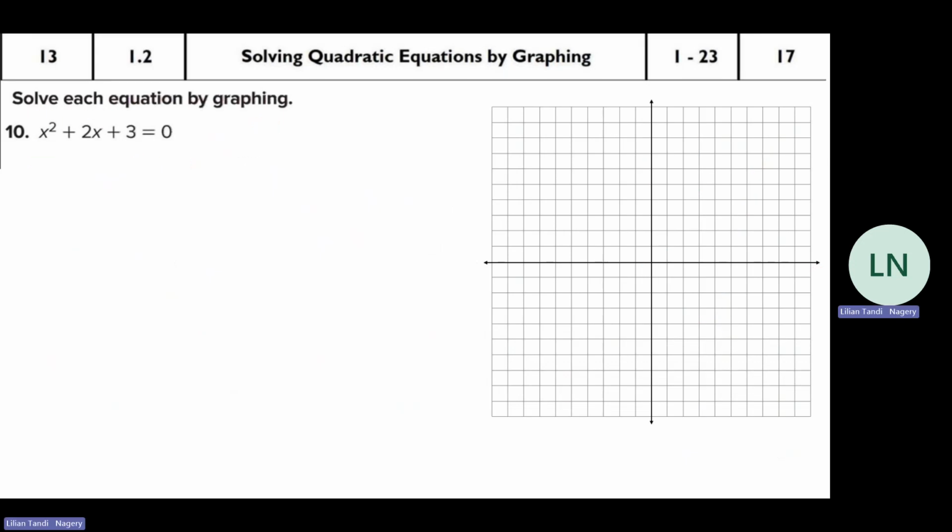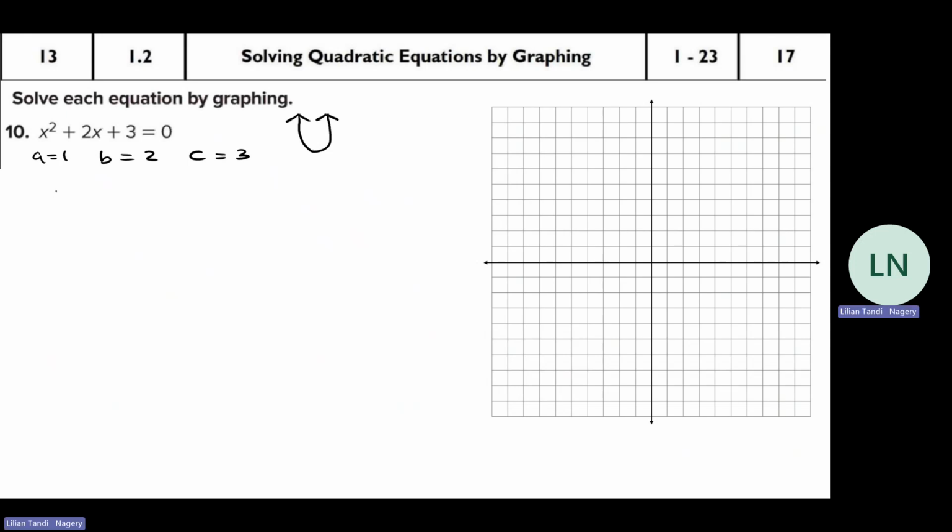All right, let's continue. So axis of symmetry, all that. So my A is 1, my B is 2, my C is 3, my graph is going up.